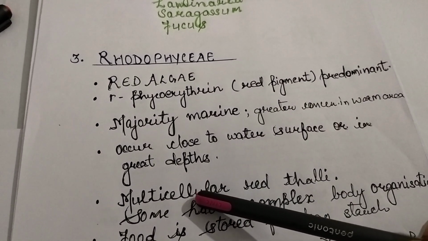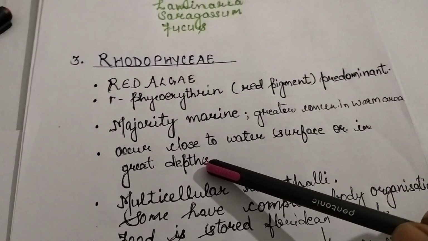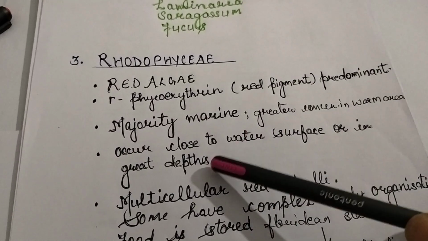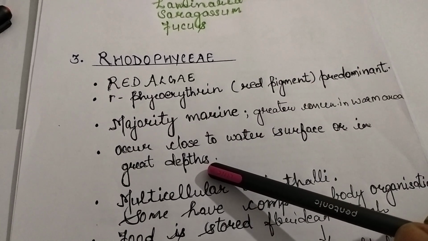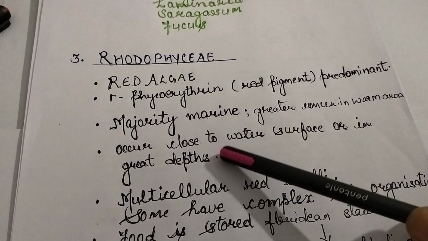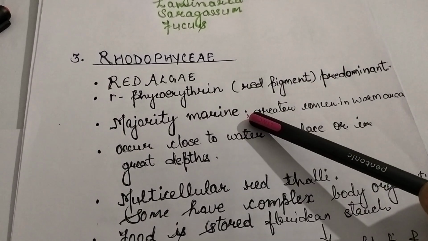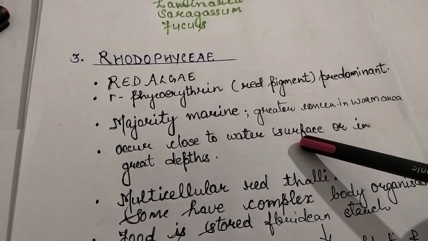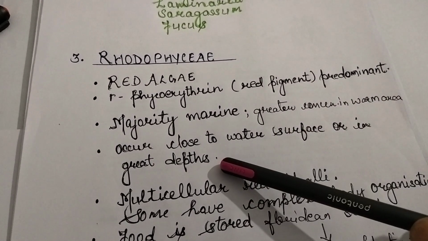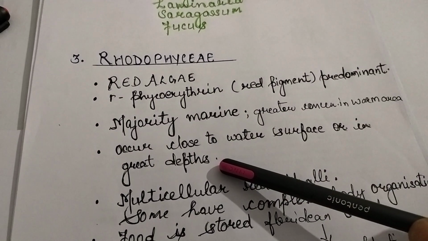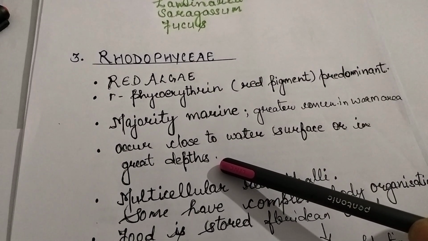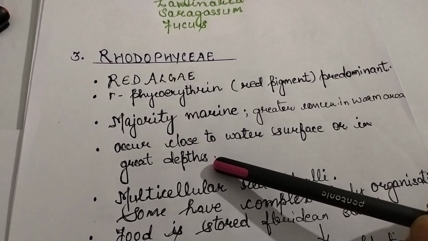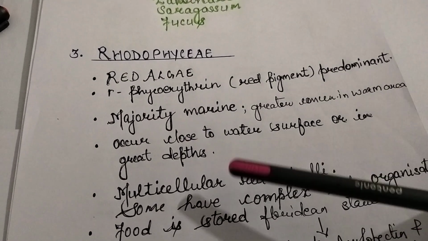They may occur towards the surface of the water or in the greater depths, means they occur in both the areas, in well lighted areas towards the surface of water, and in deeper areas in the great depths in oceans where very less light is present, means very varied habitat.